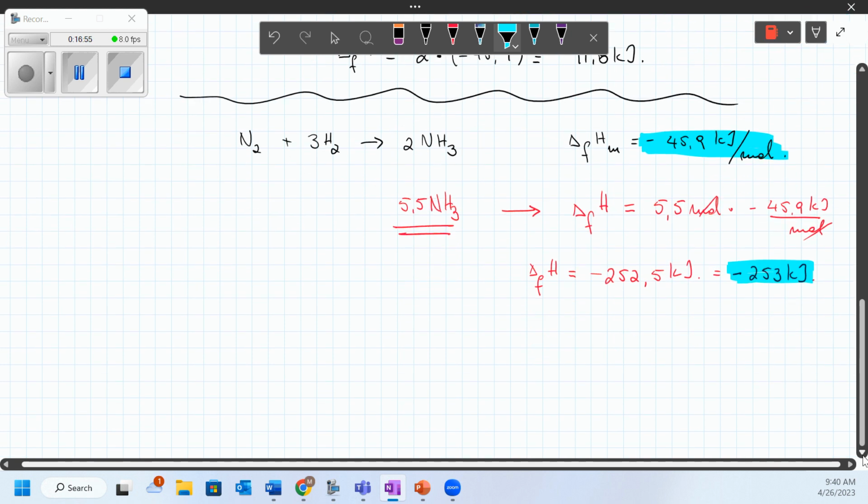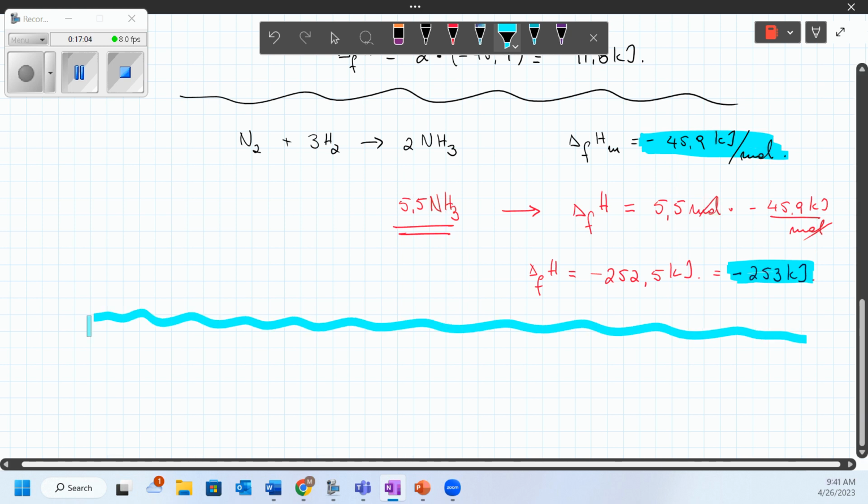Now, let's talk a bit about this positive and negative sign that is used with the enthalpy, before we move to the third method, that is the enthalpy as part of the reaction.